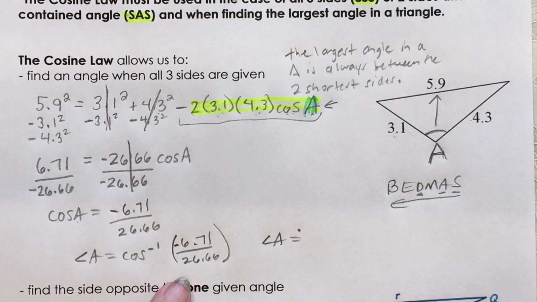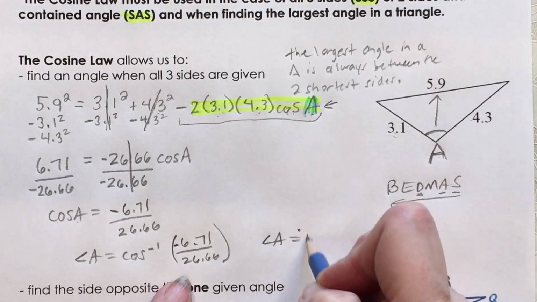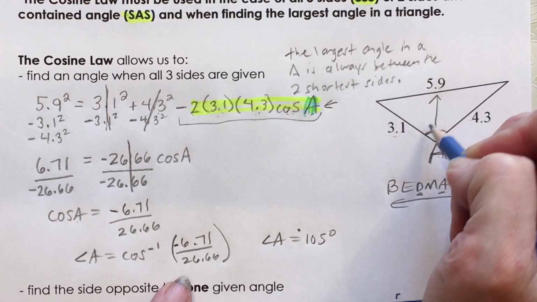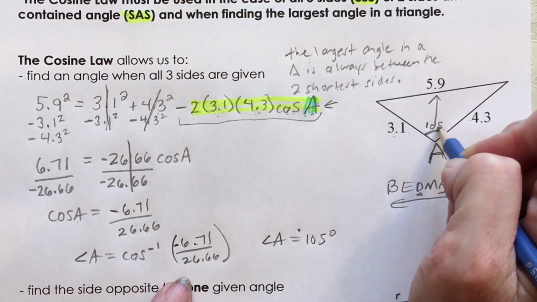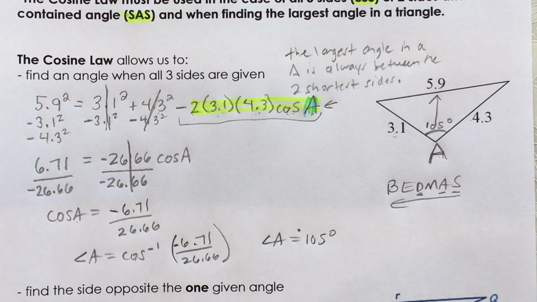And I get 104.5, so approximately 105 degrees. So in fact, this was an obtuse angle, bigger than 90, 105 degrees. Okay, so that's the way you can use the cosine law to find an angle when all three sides are given. So pick the angle you want to find, and then you start off the cosine law pattern with the side opposite to it.